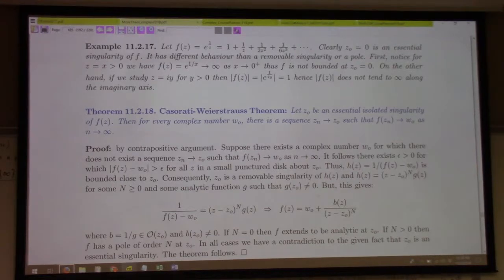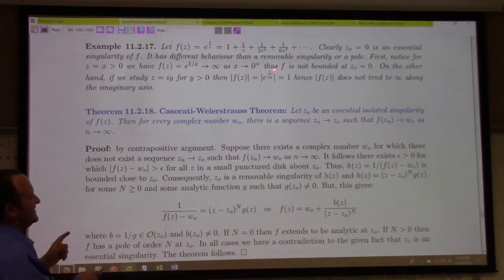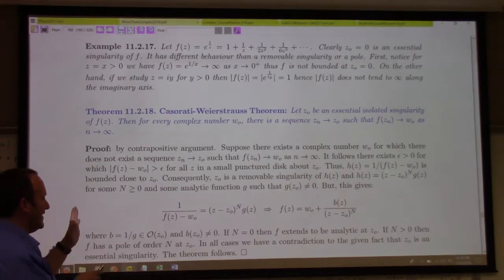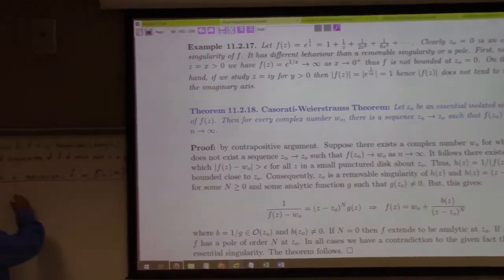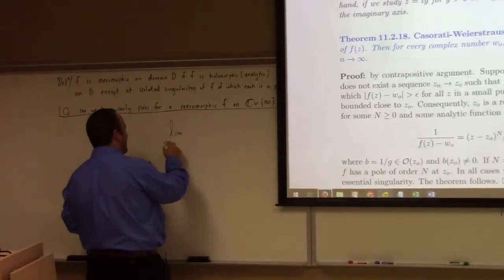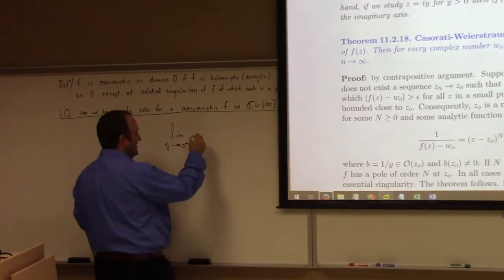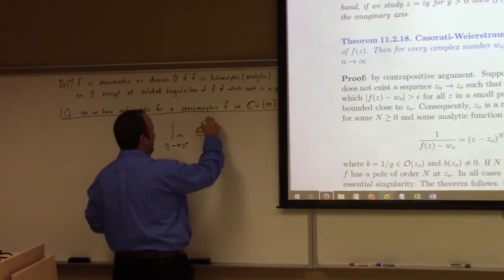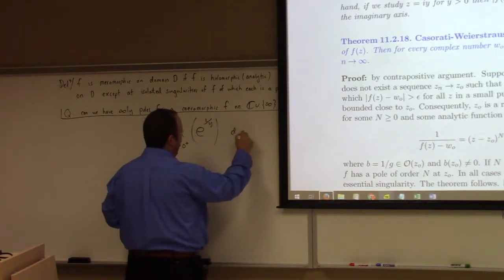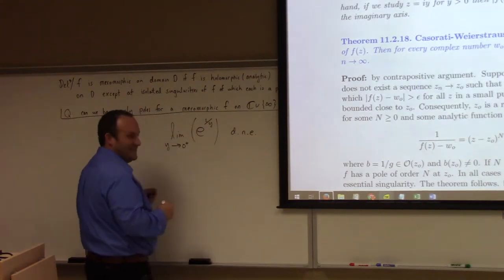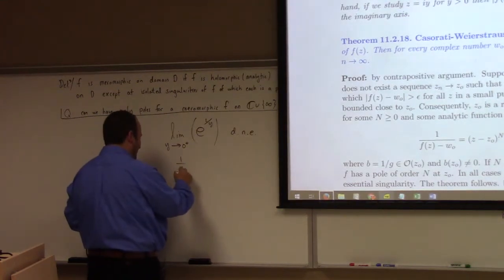So this is the funny thing, right? The limit as y approaches 0 from the right of e to the i divided by y does not exist, because 1 over y is going to what?